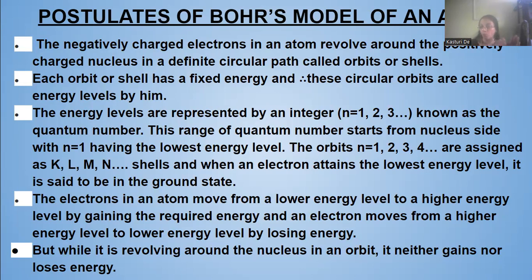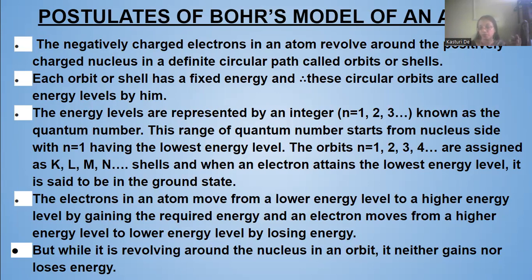So n equal to 1 is towards the nucleus, then comes 2, then 3, then 4. These energy levels are named K shell, then L, then M, then N. When an electron attains the lowest energy level, that means that shell, that orbit, is close to the nucleus.